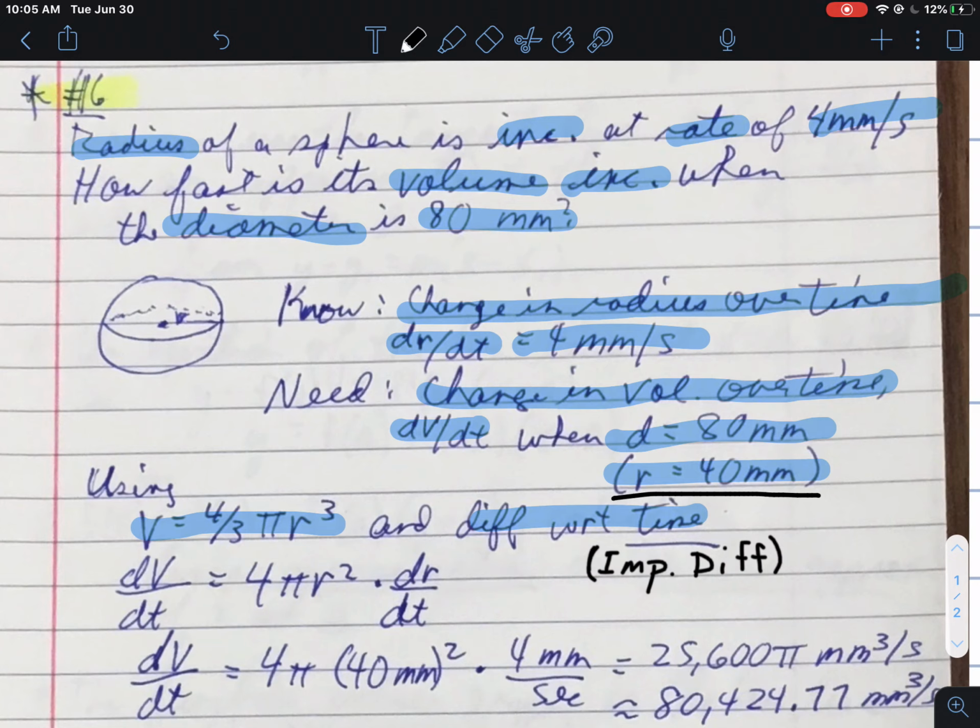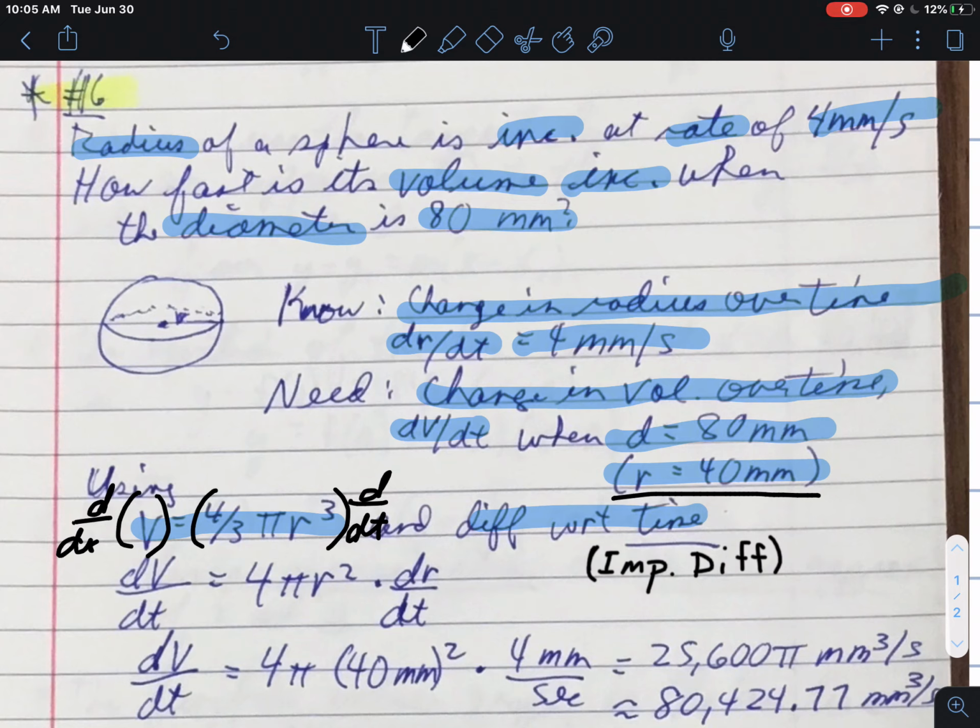All right, so let's differentiate. Now again, differentiating with respect to time. So that is d dt of the left and d dt of the right. Now, be careful here. I see a lot of issues with this type of formula because remember, pi is just a constant, right?